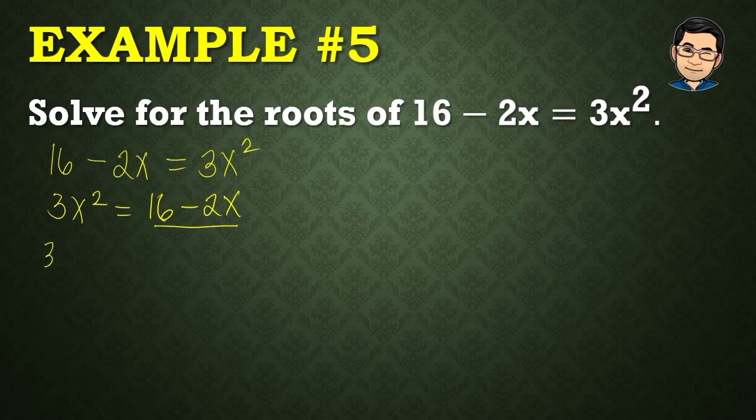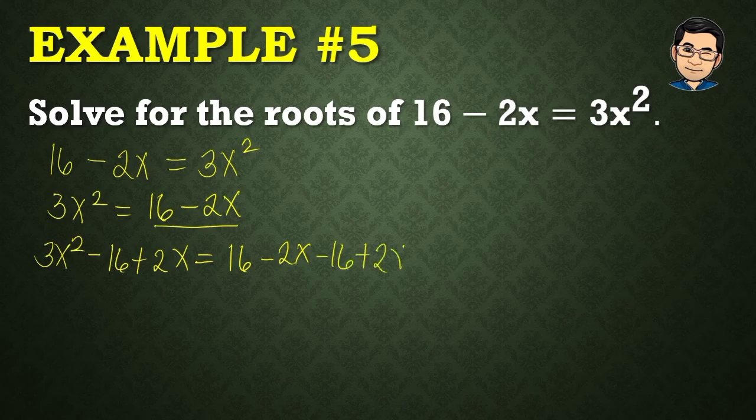So, magiging 3x squared minus 16 plus 2x equals 16 minus 2x minus 16 plus 2x. So, kung ano yung in-add natin or minus natin, ganun din yung sa right side para ma-eliminate yung 16 minus 2x. So, magiging 3x squared plus 2x minus 16 equals 0.